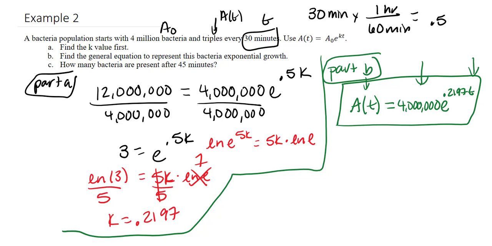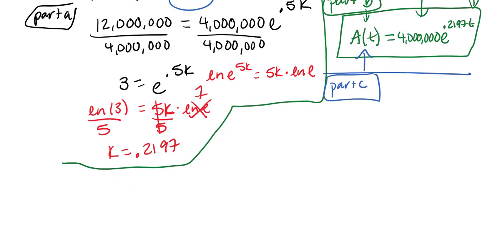So now our next step is part C. We're actually just going to find how much bacteria there is at 45 minutes. So what are we doing? We're solving for this in part C. So we have 45 minutes. Well, 45 minutes of an hour, that's going to be 0.75, right?